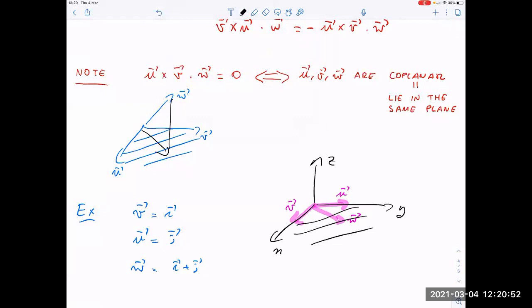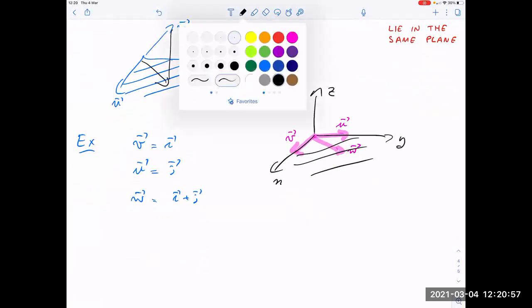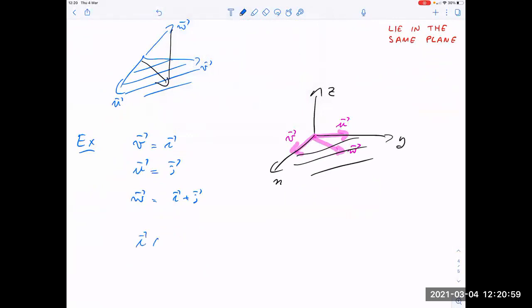And if you compute it, try. That's kind of fun to see if you compute I cross J dot I plus J, right? What do you get? Just do this computation for me and then we'll see. What is the answer to this computation?